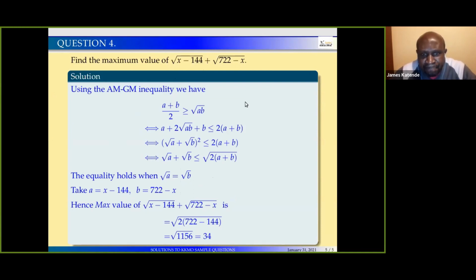So the route we chose for this was to work with the AM-GM inequality. What we do is first create something that we can use to simplify our work. I suspect there might be other ways to solve this. This is only one of the ways.